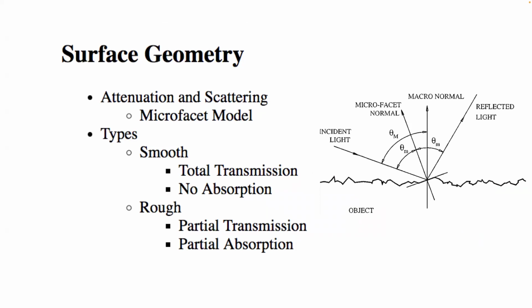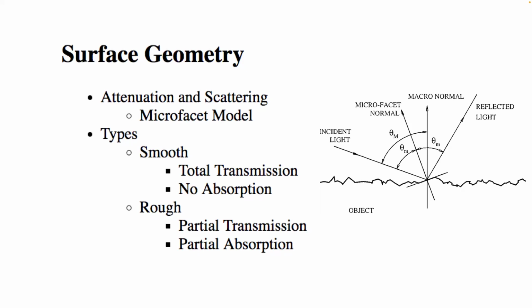We have a model called the microfacet model, because it describes how light scatters and how much of the incoming energy is attenuated by the geometry of the surface.